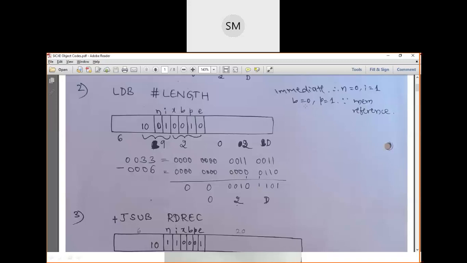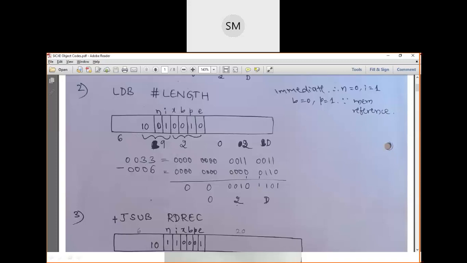If there is no memory reference, then we can use any other addressing mode. First find the opcode of LDB, then N is 0, I is 1, X is 0, B is 0, P is 1 again, and E is again 0.